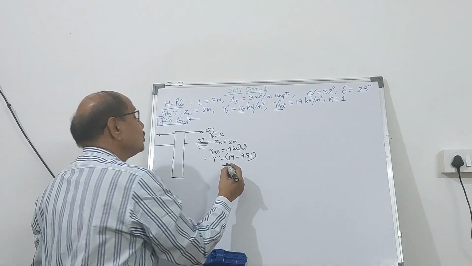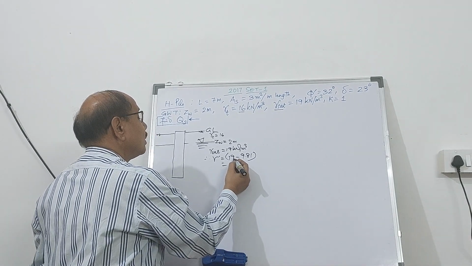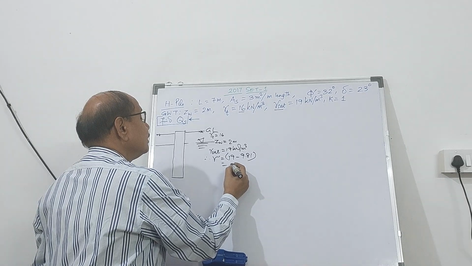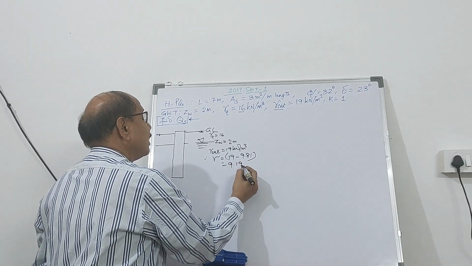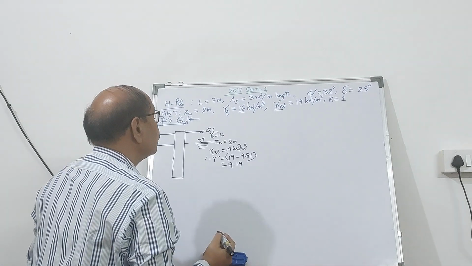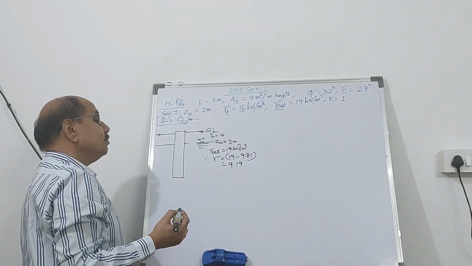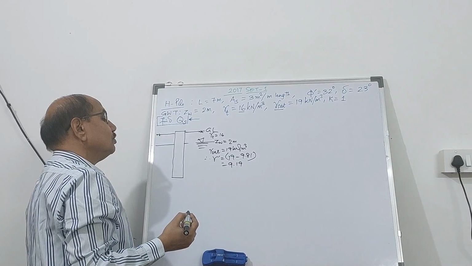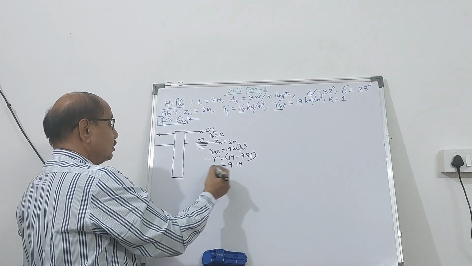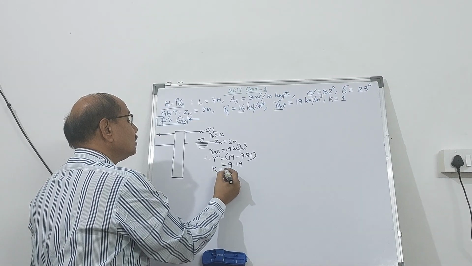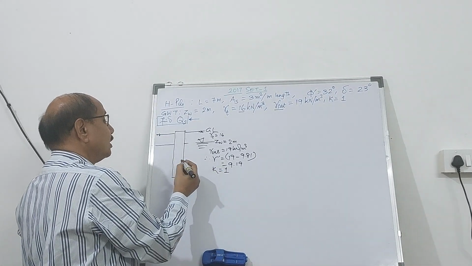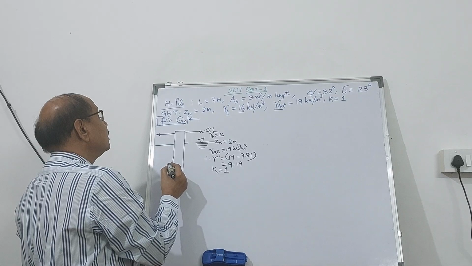So it becomes now 9.19 kilonewton per cubic meter.